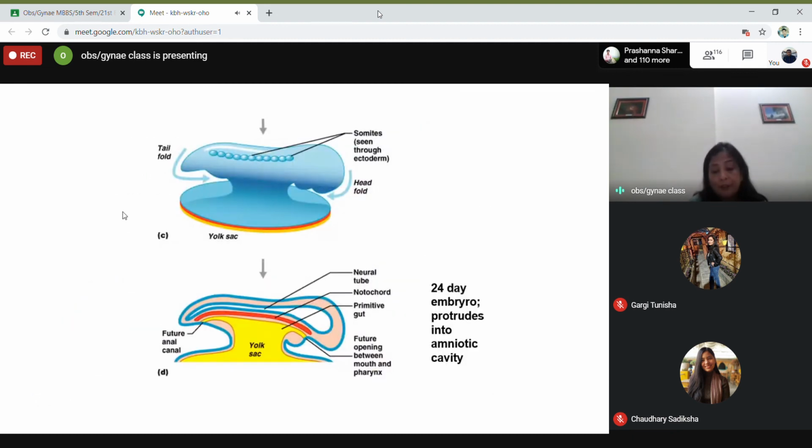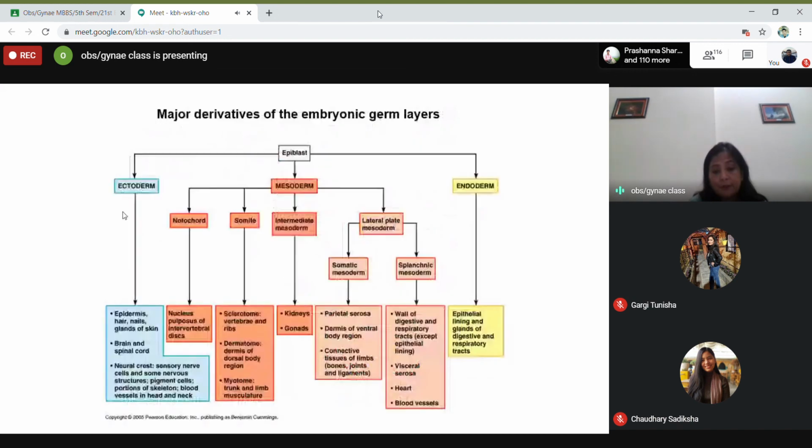So these are the embryological changes, and finally the major derivatives of the embryonic germ layers. The epiblast changes into ectoderm, mesoderm, and endoderm. The ectoderm will form the epidermis, hair, nails, brain, spinal cord, and neural crest.